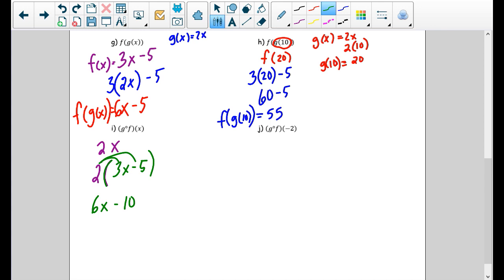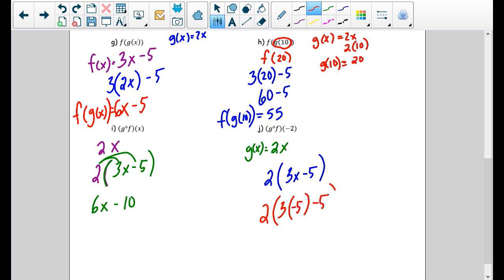And then the last one, so again, just like we did before, we can take this g function, 2x, plug in my f function in its place, so 2 times 3x minus 5, and then plug in our negative 2 into my x. So now I have 2 times 3 times negative 5 minus 5. And then I can solve it all as one.